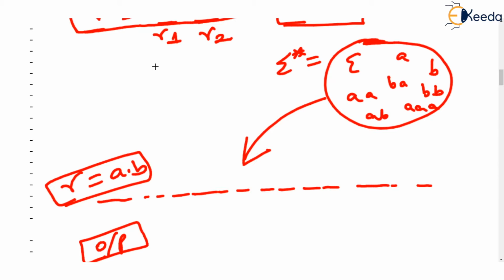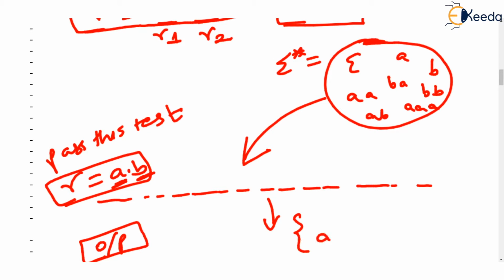Only those strings will pass which pass this test. That is, the strings which are made up of A followed by B, but only one A followed by one B. So only one string will pass through, that is AB, because this string surely contains one A followed by one B.